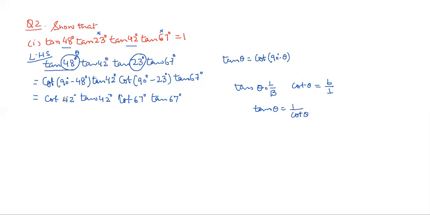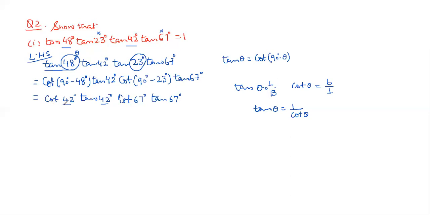Here it is cot theta, but here it is tan theta. Both are having 42 degrees. So if I'm reading this cot 42 as cot theta, then tan 42 degrees will be read as theta only.